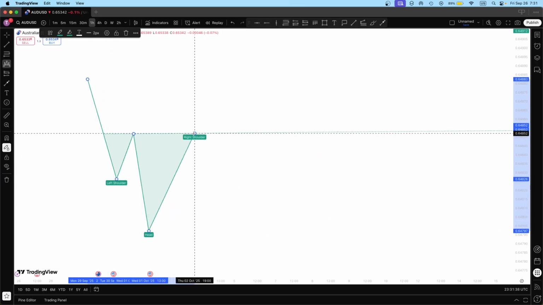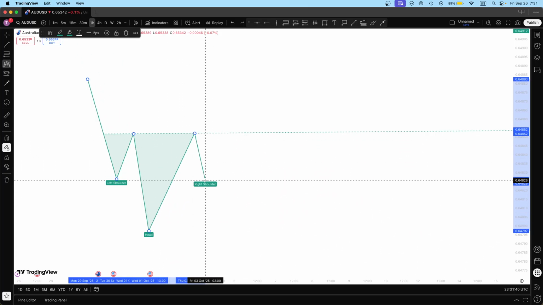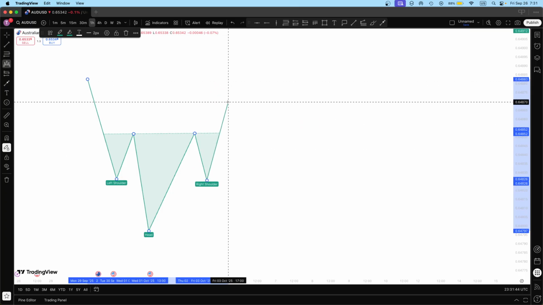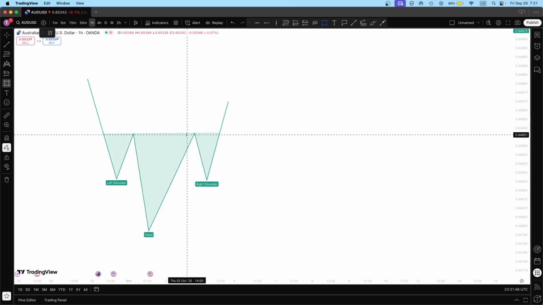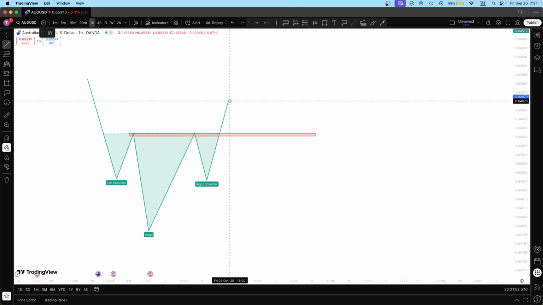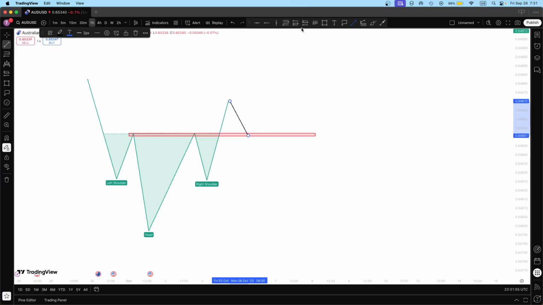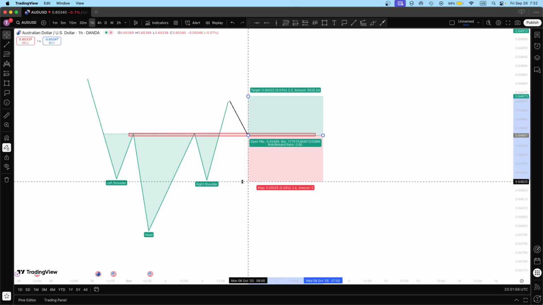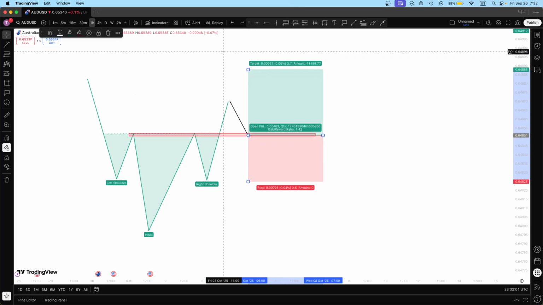Something like this. Right shoulder, and then this is your neckline. Wait for the market to retest to go long, and your stop loss is here. Take profit is where it started.